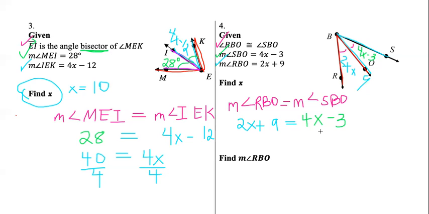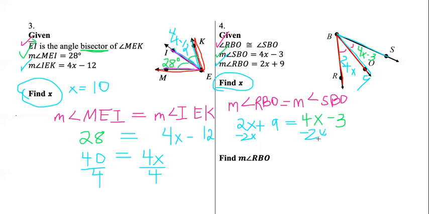Are there any questions at all about this? Okay, so at this point, the first thing they want us to do is find x. So we're going to solve this equation real quick because this is algebra and you have taken that before.